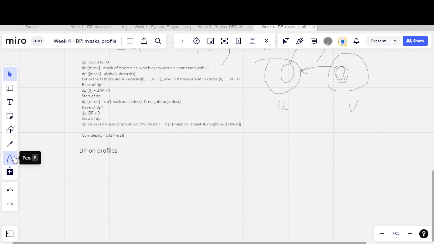Consider you have a board with n by m size, and you want to find the count of domino tilings.